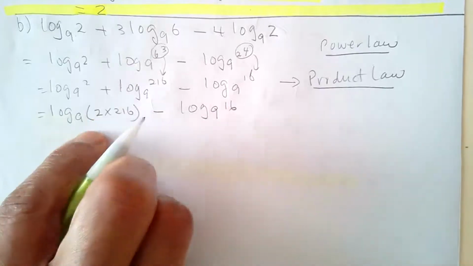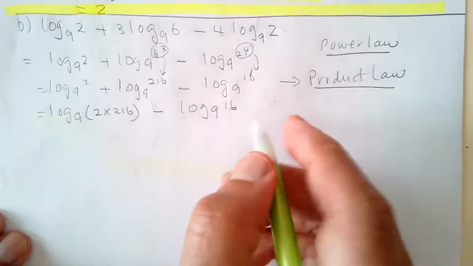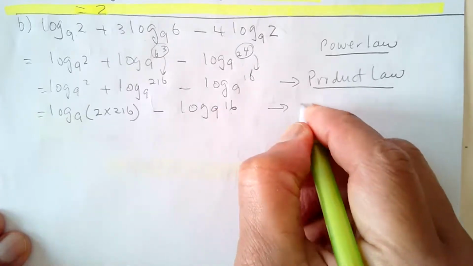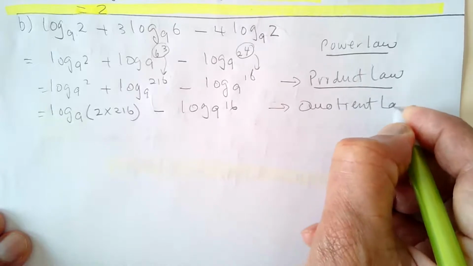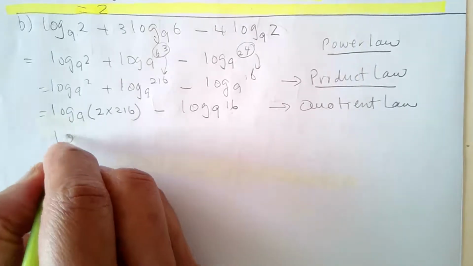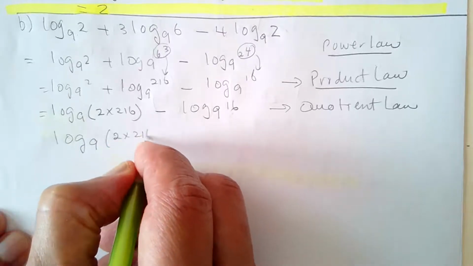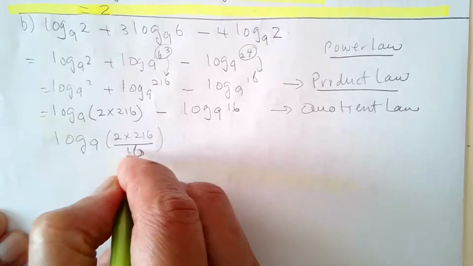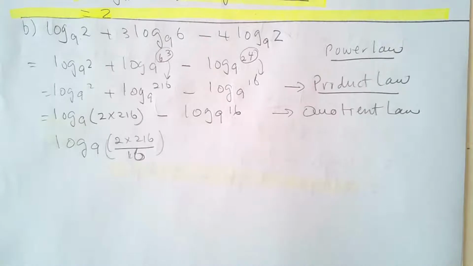We can simplify this, but we leave it now because we'll find that it's easier when we combine these two. Now we're subtracting, so we apply the quotient law. So log 9 of 2 times 216 divided by 16. Remember, you're dealing with the same bases here.